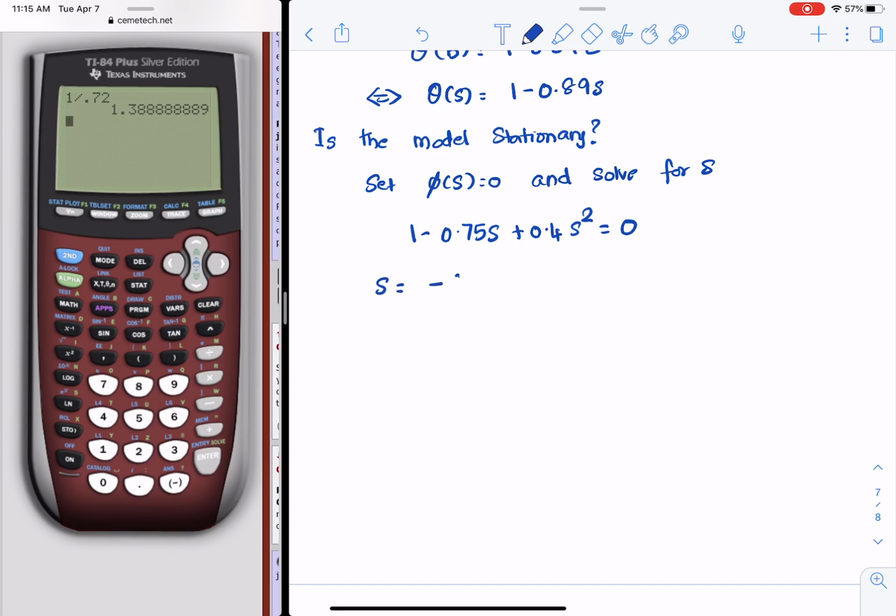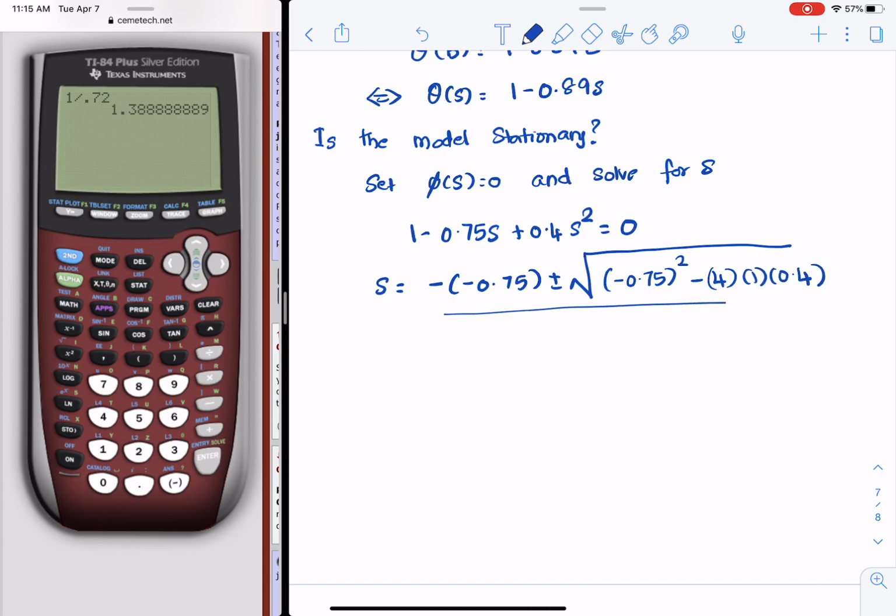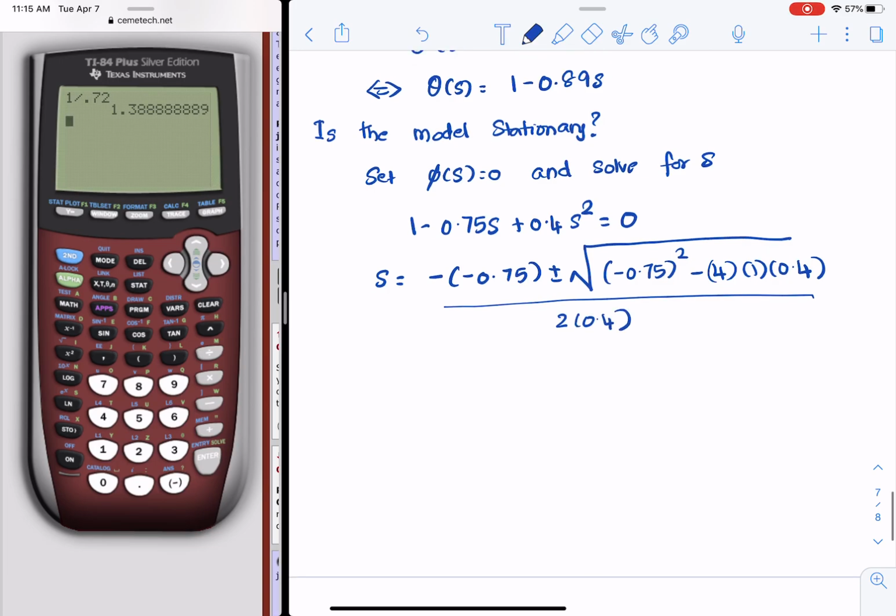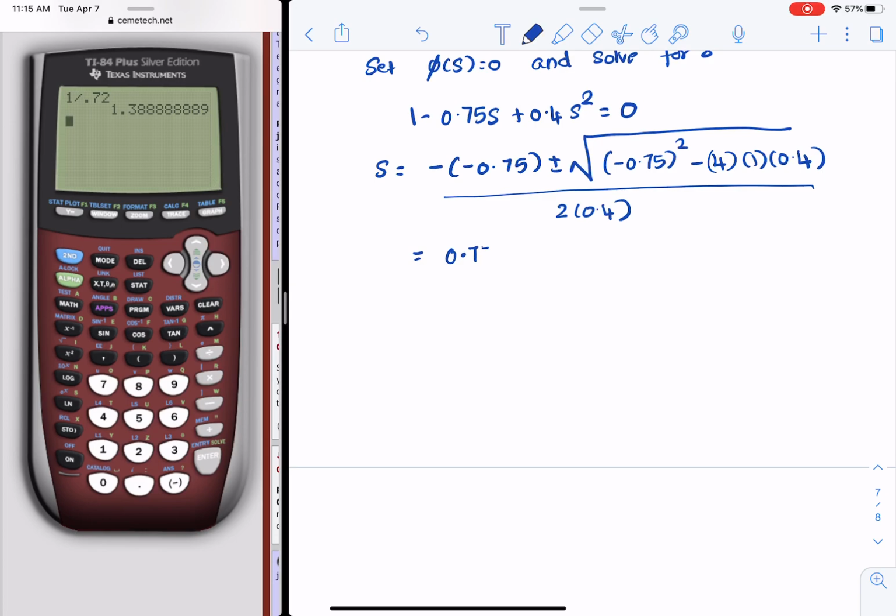So s would equal to minus b plus or minus square root of b squared minus 4 times a times c, divided by 2 times a, which would give us 0.75 plus or minus square root 0.5625 minus 1.6, divided by 0.8.